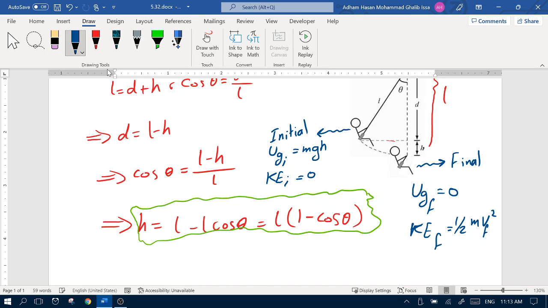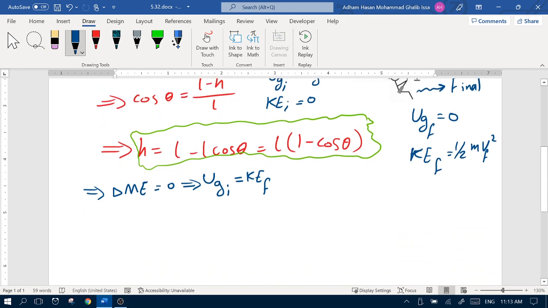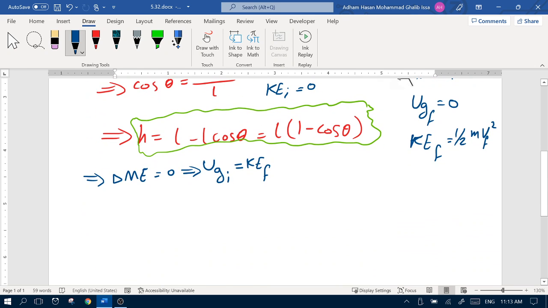Now let's do these two together using the conservation of mechanical energy. Given that there is no friction, delta ME should be equal to 0, so that UG initial was all transferred into KE final, and let's write these two equations in a good way. So what is UG initial?